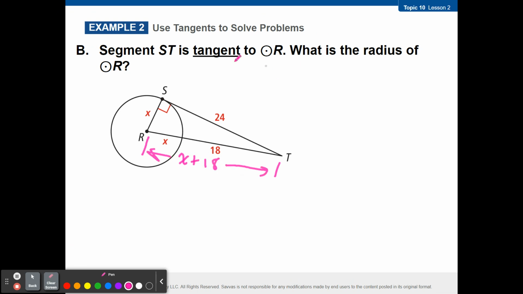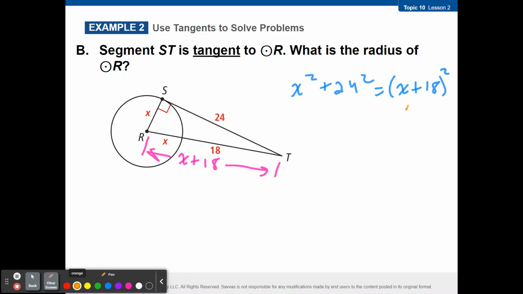That is the entire hypotenuse. So when I set this up, I'm going to have x squared plus 24 squared equals the quantity x plus 18 squared. Now, it's real tempting to state, hey, this is x squared and 18 squared, right?